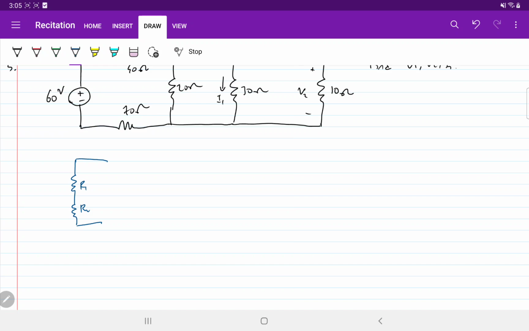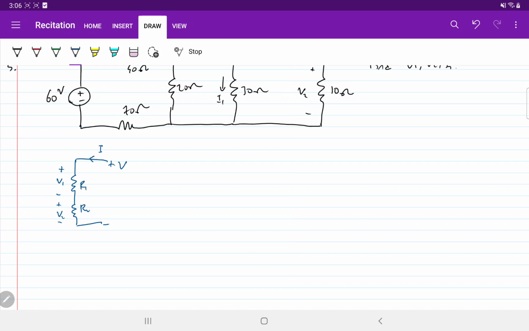They are in series, and the total voltage is V, and the total current is I. And we have the voltage of each resistor is V1 for R1 and V2 for R2.